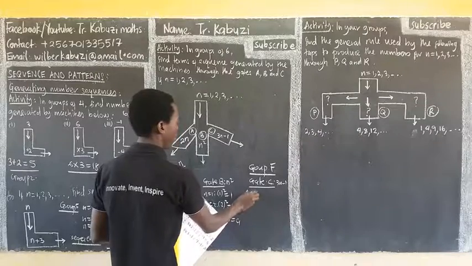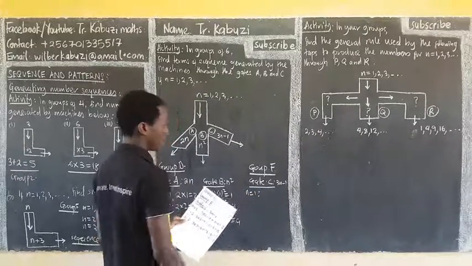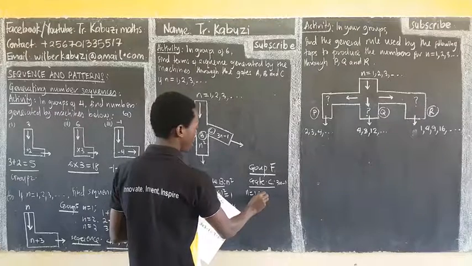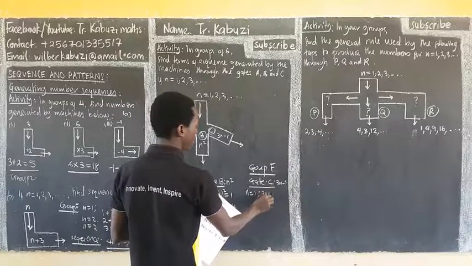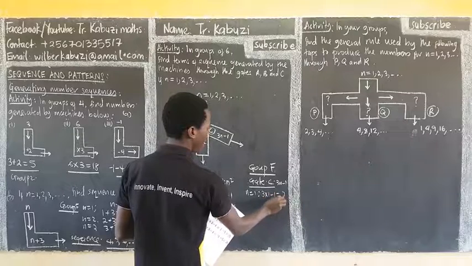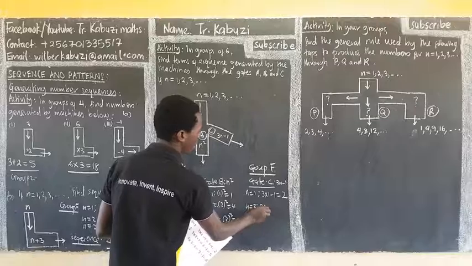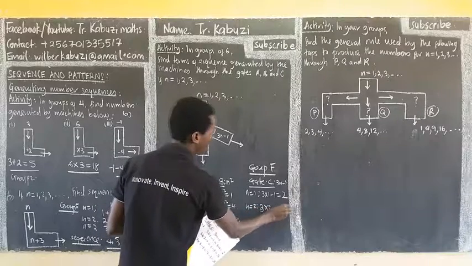So when n is 1, they put 1 here, and they got 3 times 1 minus 1, which gave them 2. When n is 2, they have 3 times 2 minus 1 equaling 5.